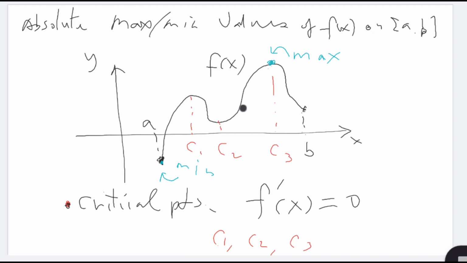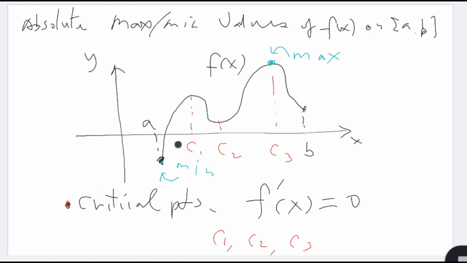Any other values, not very interesting. And at the two endpoints, the values are kind of interesting because this is what I will call later on a local minimum. It's smaller than all the values close to it, and here that's also a local minimum value.